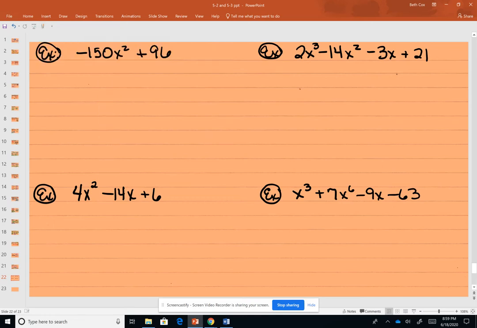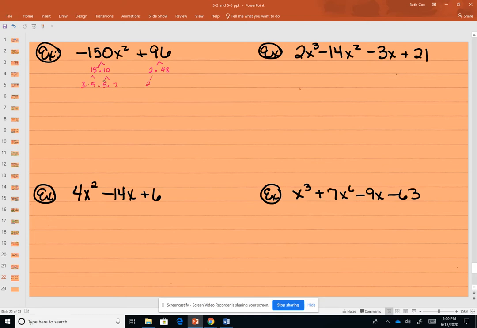We know we've got a negative, and we know 2 would work, but let's just see. This is 15 times 10, and this is 2 times 48. So this is going to be 3 times 5, and this is 5 times 2.